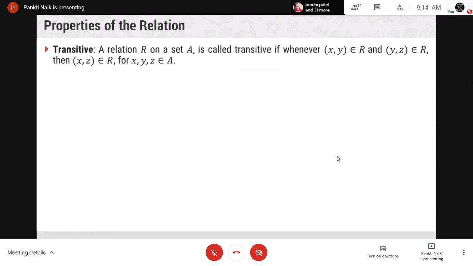Now next is transitive, right? The third property of relation is transitive.